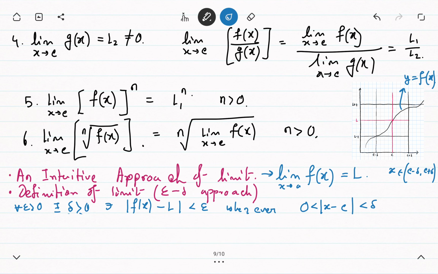And we even discussed one problem there, but it wasn't sufficient at all. We also discussed the left hand and right hand limits. In the definition of limit, we know that the limit exists if and only if both one-sided limits exist.